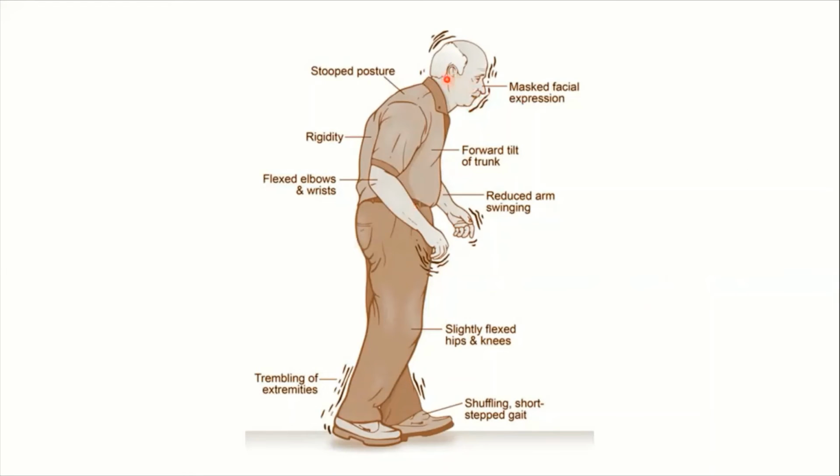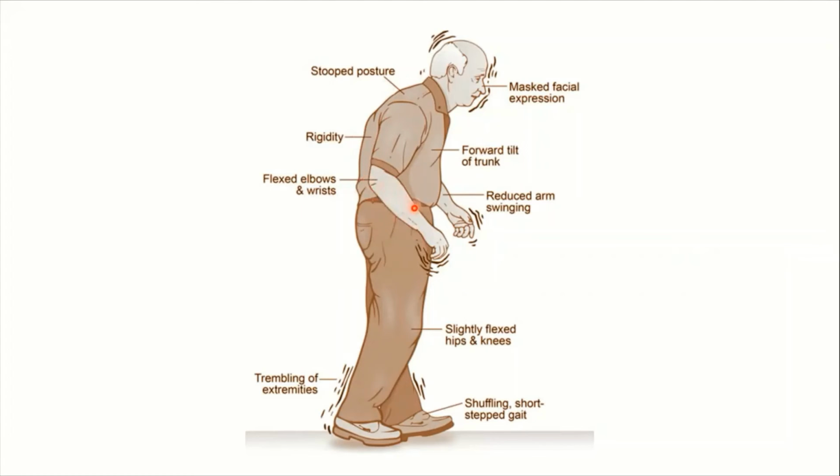So let's have a look at the picture now. Masked facial expression, I told you already: no expression of the face, the muscles of facial expression are not working, so the facial expressions are lost, flat, mask-like face. Then the posture is stooped, and there is rigidity and flexed elbows and wrists.